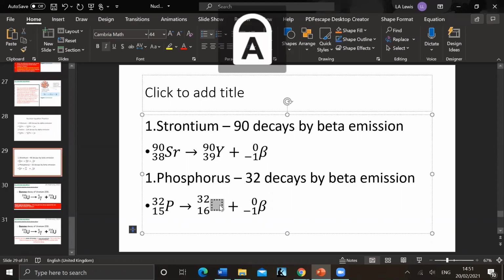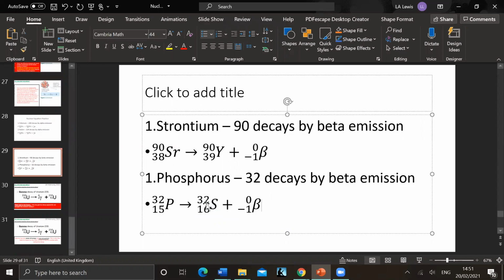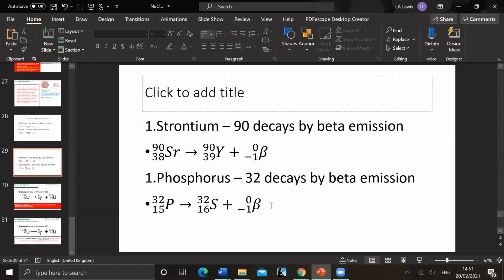So capital S for sulfur. That's a beta decay. So remember, the mass number stays the same, so the number of neutrons plus protons stays the same. The atomic number goes up as a neutron changes into a proton.